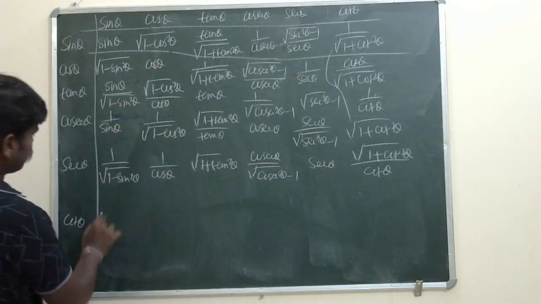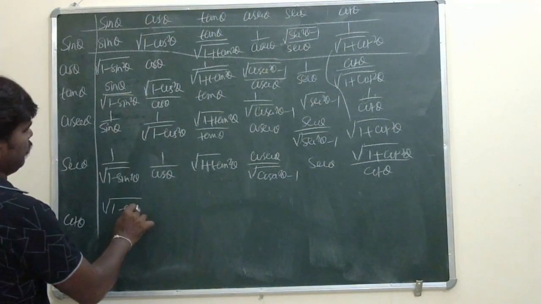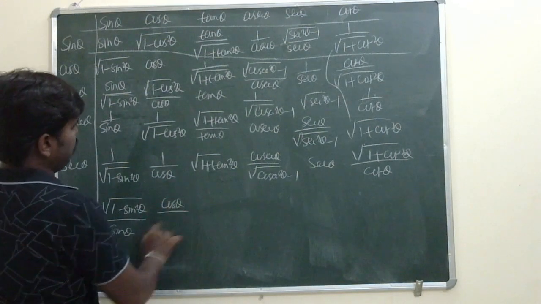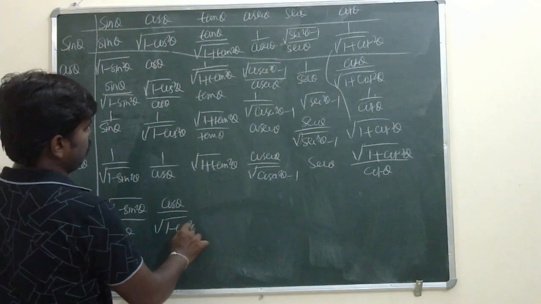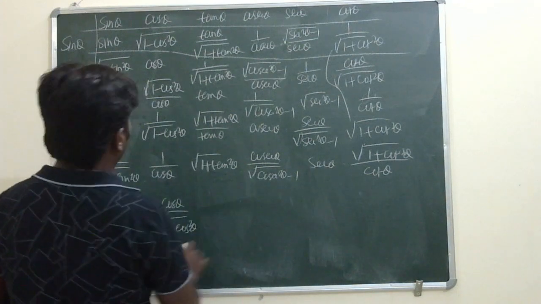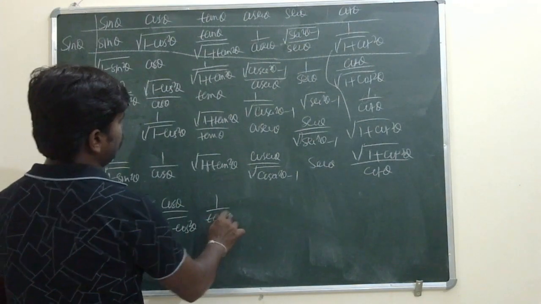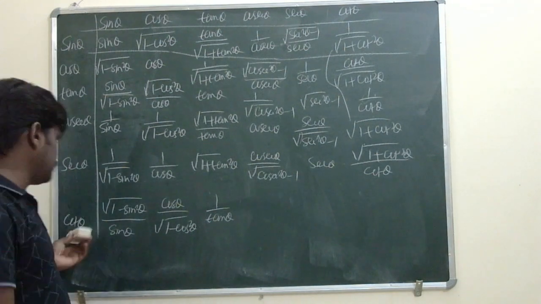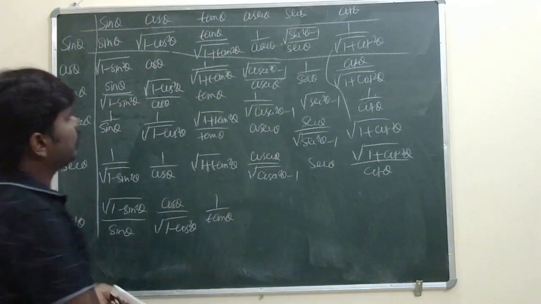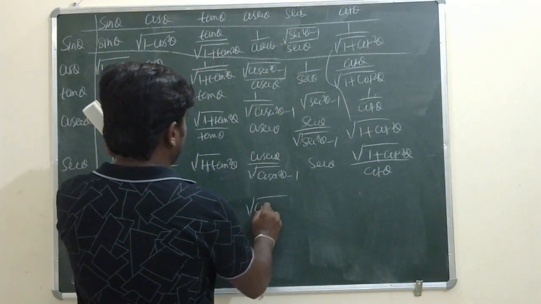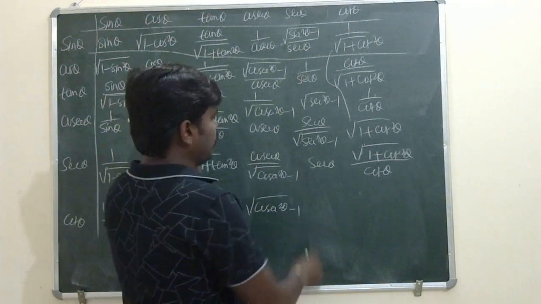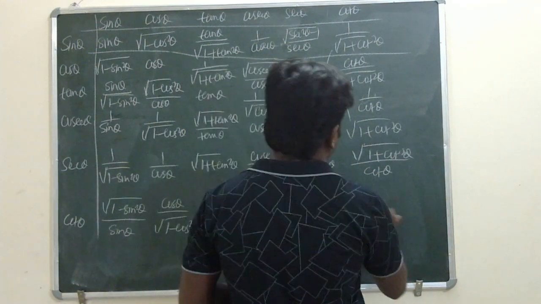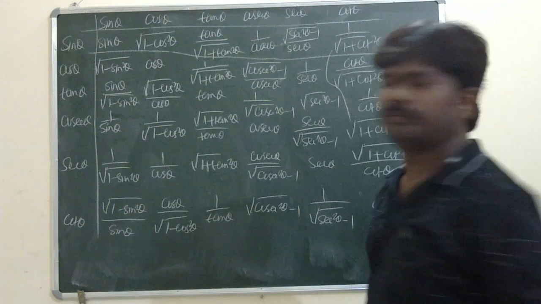So here square root of 1 minus sin square theta divided by sin theta, and next cos theta divided by square root of 1 minus cos square theta, and here cot theta in terms of tan theta, they are reciprocal to each other, that means cot theta is equal to 1 by tan theta, and here square root of cosecant square theta minus 1, and here 1 by square root of secant square theta minus 1, and next here cot theta in terms of cot theta is cot theta.